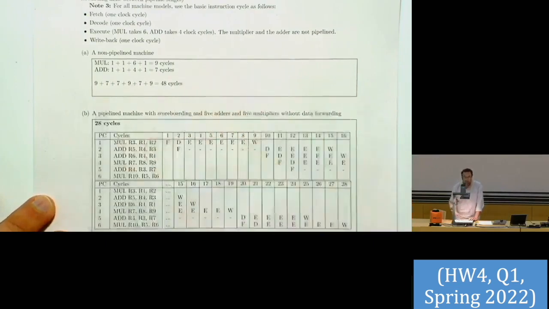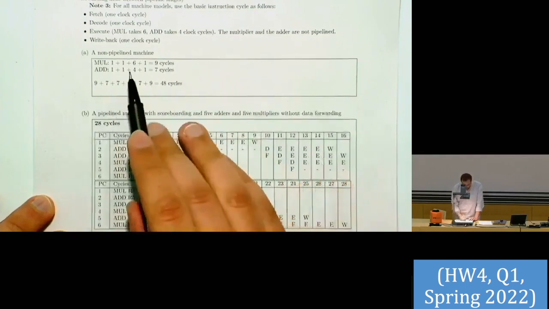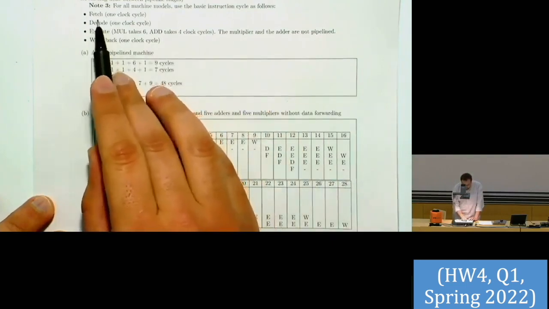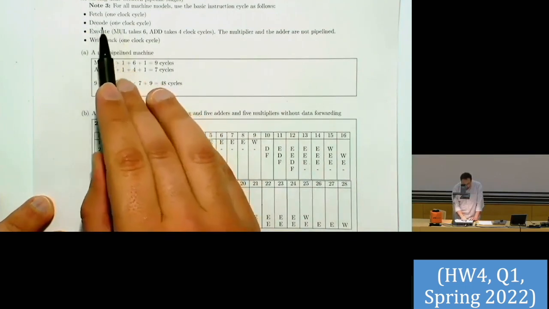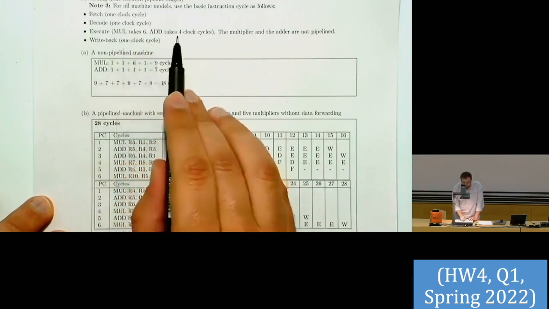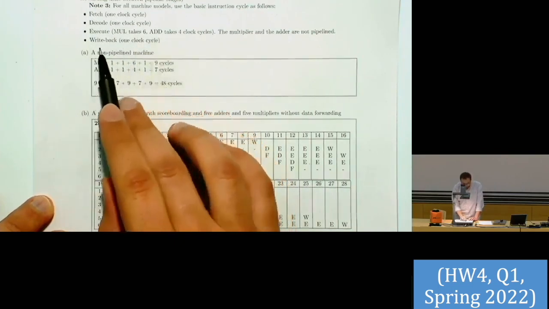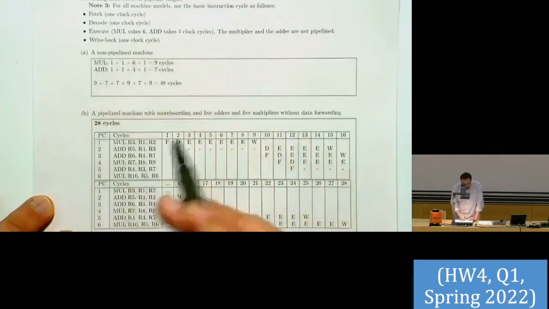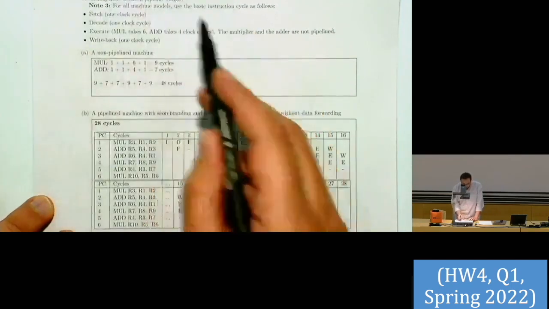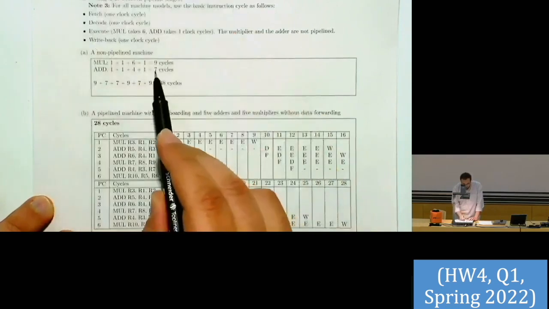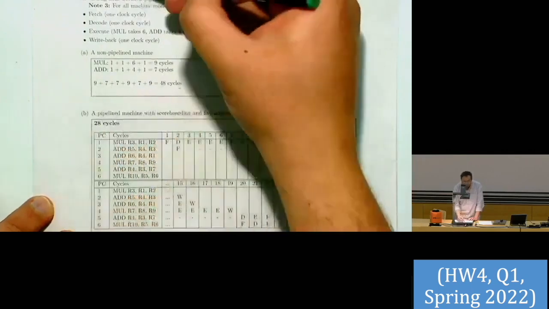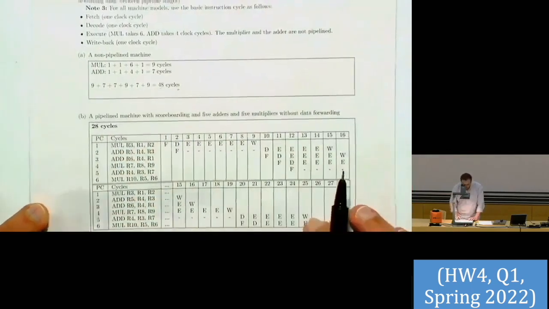Here we see that when we have a pipeline, fetch takes 1 cycle, decode takes 1 cycle, execute takes 6 cycles for multiply and 4 cycles for addition, and then write back takes 1 cycle, right? So our basic assumption is when we run a mul, it's going to take 9 cycles. When we run add, it's going to take 7 cycles. So in total, it's going to be 48 cycles when you just add them up on top of each other, because we don't have pipelining here.